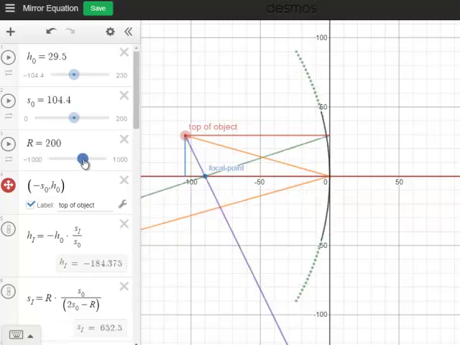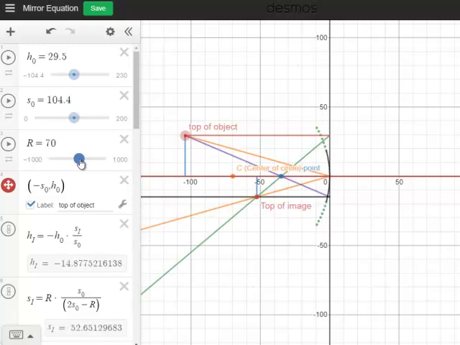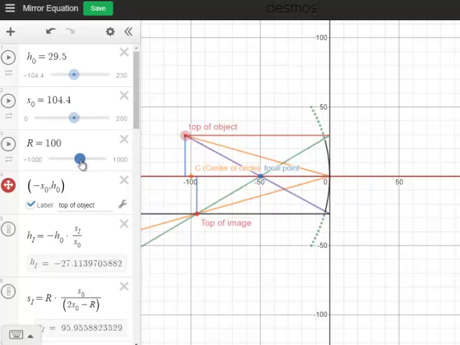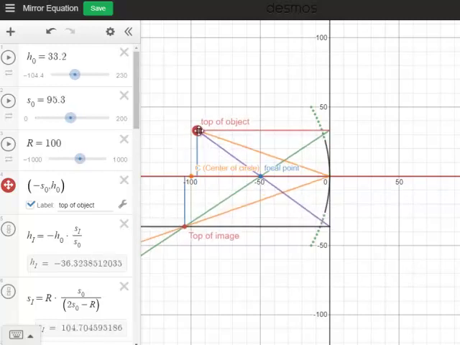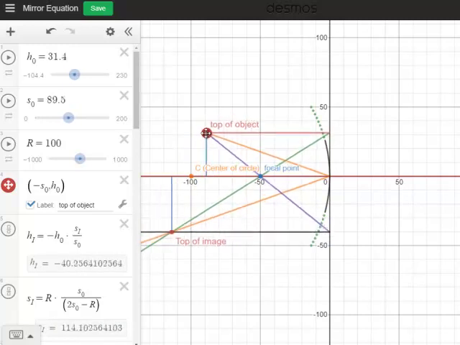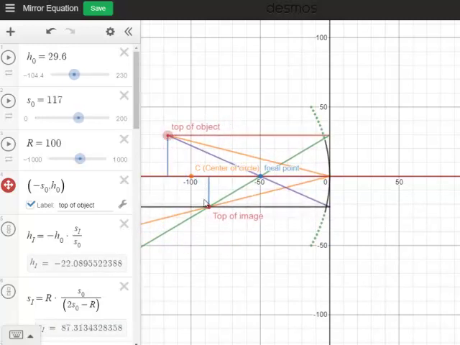Oh yeah, I can change the radius over here and you will see that the focal point changes. Again, you can't really do this with a real mirror, you actually would have to choose a different mirror here. So let's say I have a radius of 100 centimeters, then my focal point is at 50 centimeters. And then again, we see the principal rays and here the object and here the image.